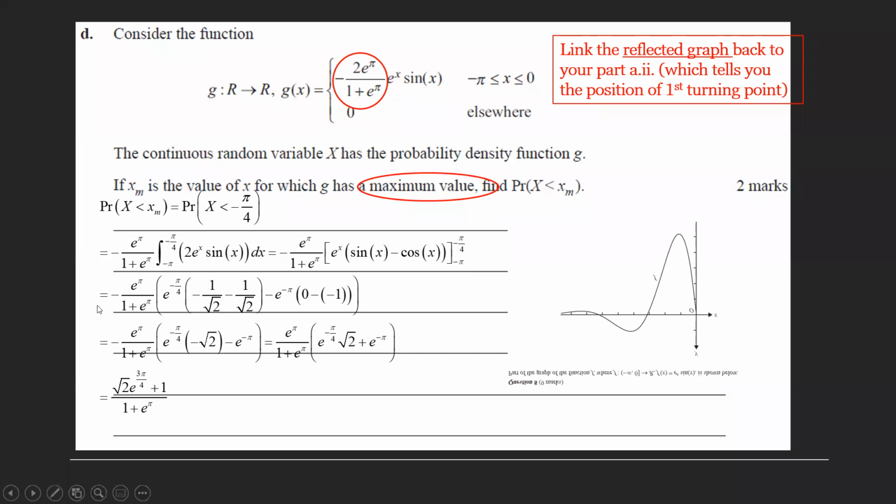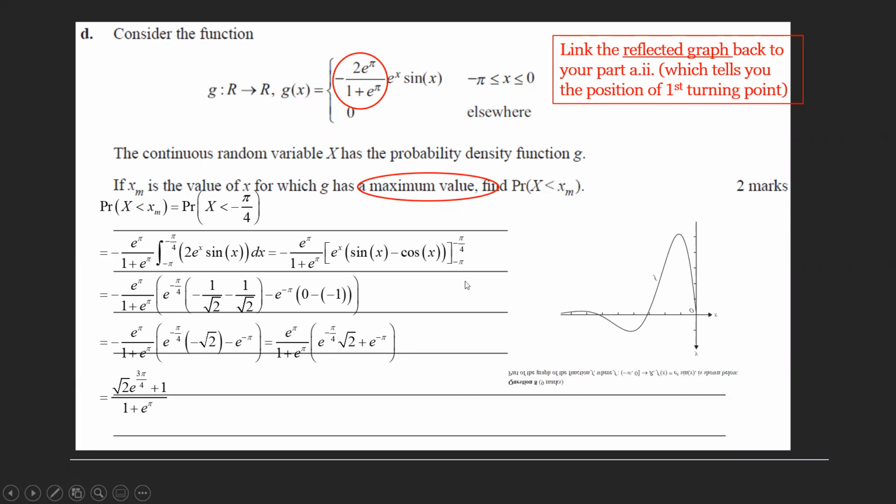Now, keep your coefficient as it is and throw in the values. The upper limit is minus π over 4. So e^(-π/4). Sine minus π over 4 is minus 1 on root 2. And cos minus π over 4, that's 1 over root 2, but with a minus in the front, okay?